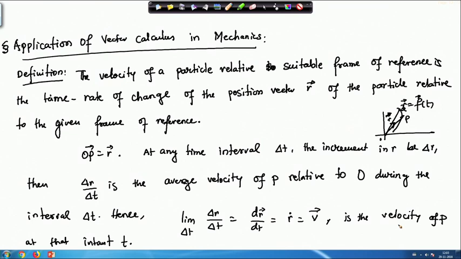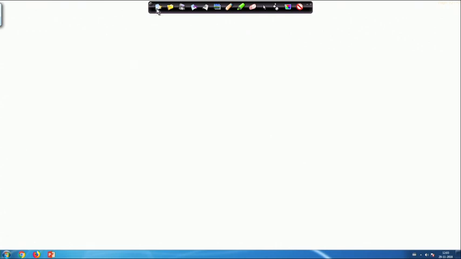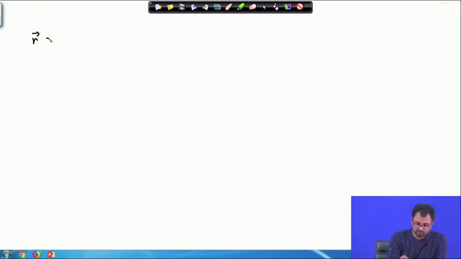So, basically if we have a curve, let us say r is equal to f(t), then of course the curve along which p is moving is called the trajectory. The locus of p is called the trajectory, the curve or the path it follows.